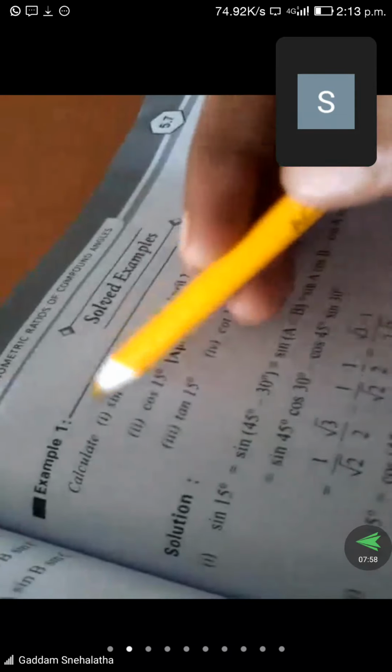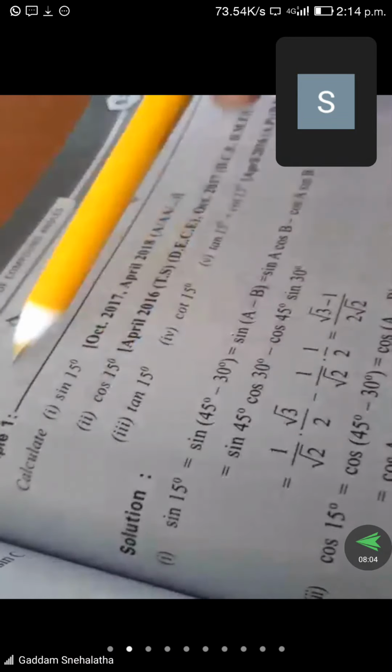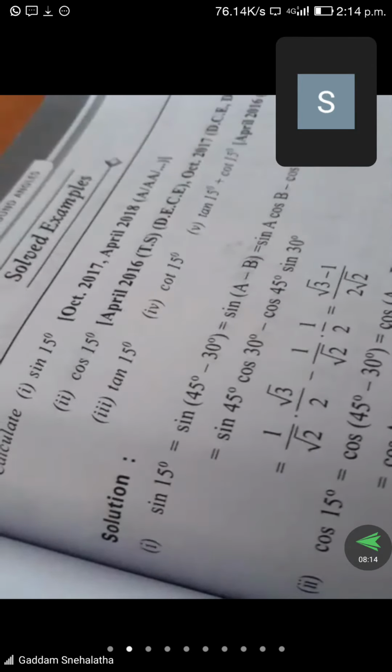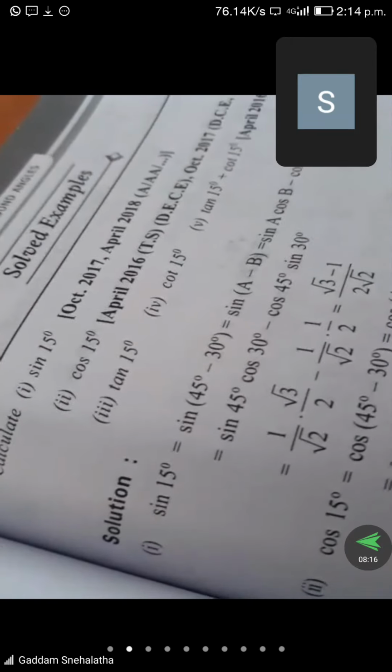So now here, calculate. These questions will come for 3 marks. So sin 15 degrees, or 1 mark. We don't know sin 15, we know sin 30, sin 0, sin 45 as well as sin 90, sin 180, but we don't know sin 15.